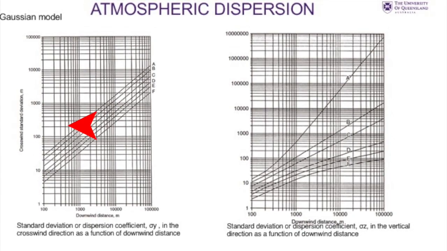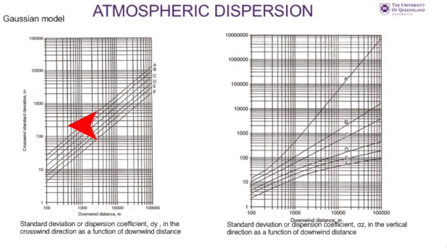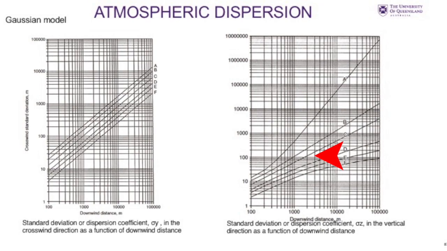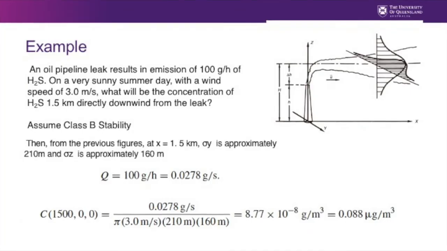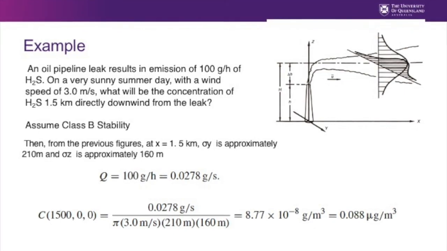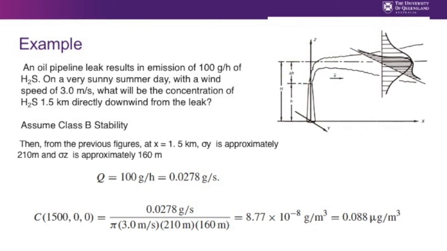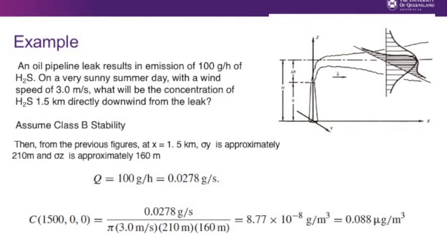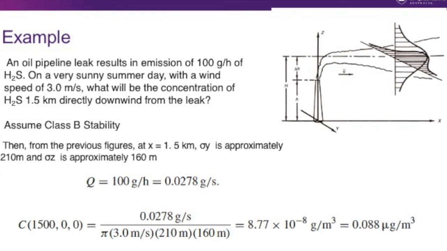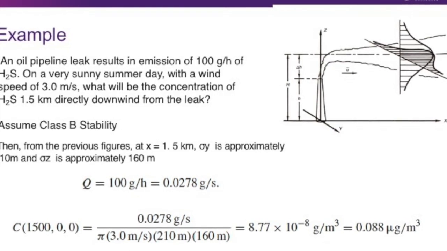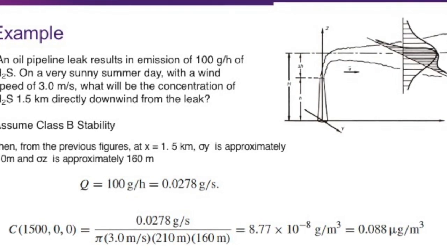And then from the other figure for the standard deviation of Z, we come up with a value of 160 meters. With these values, we know that the concentration of hydrogen sulfide at that distance from the source is 0.088 micrograms per cubic meter.